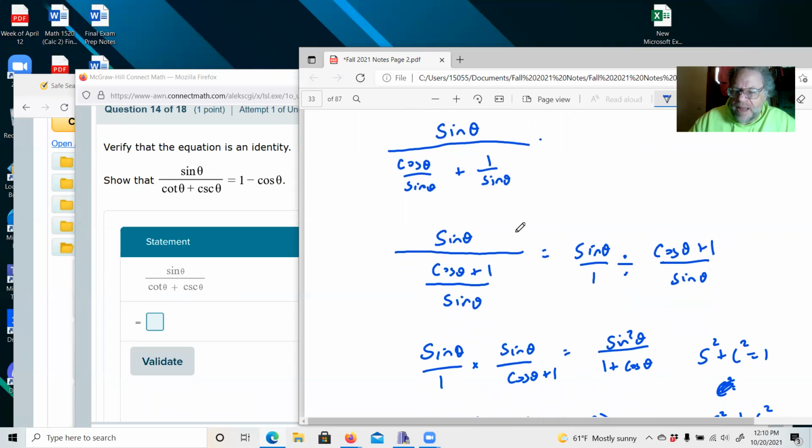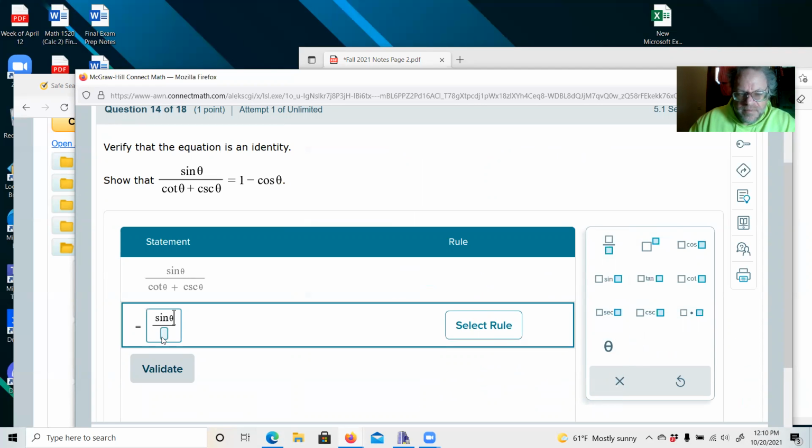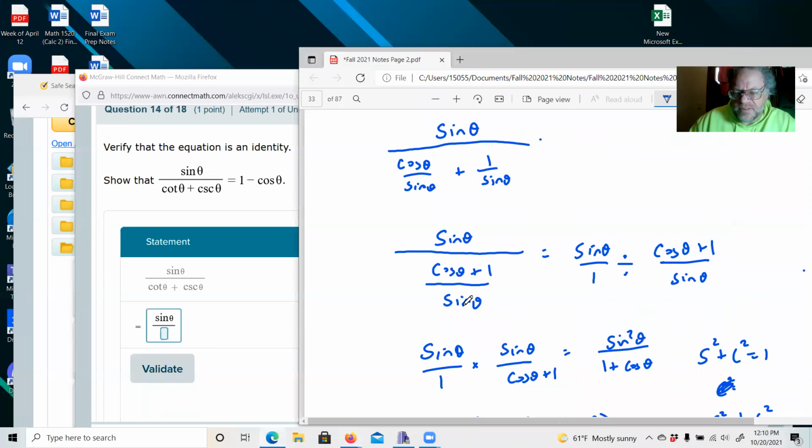Okay, so do we want to make these exact steps when we're doing this? I don't really see it that bad, so I think we'll be okay. Let's go ahead and try this. I wonder if we can skip this step and say this is sine theta divided by, what was our next step here?